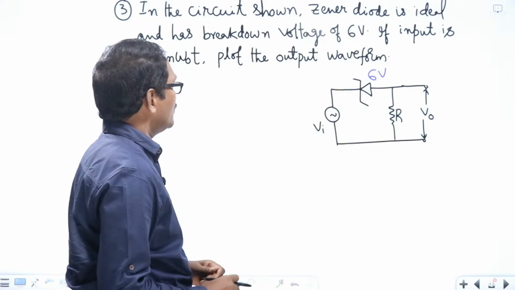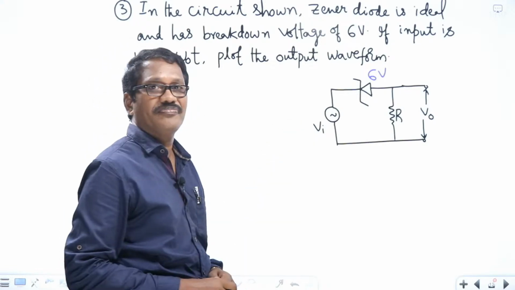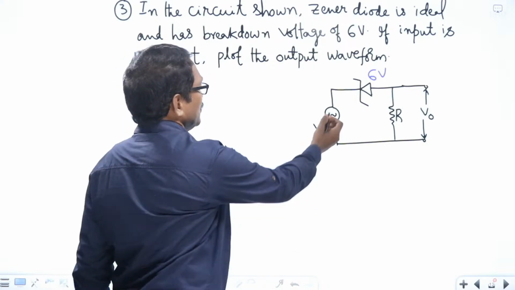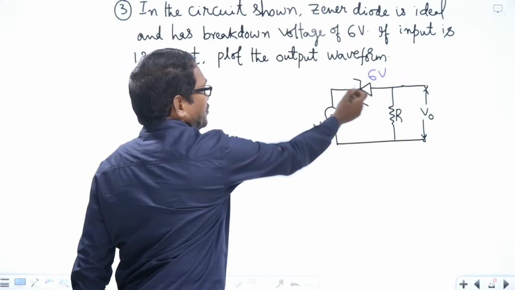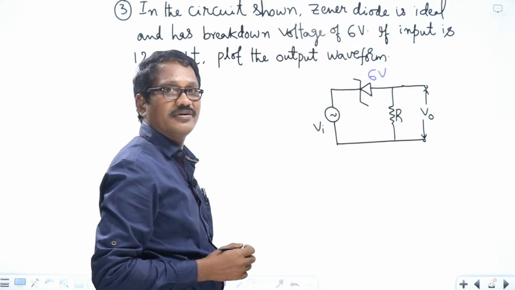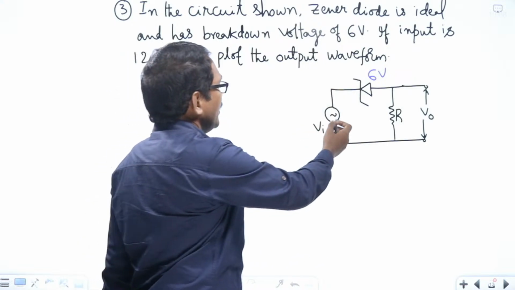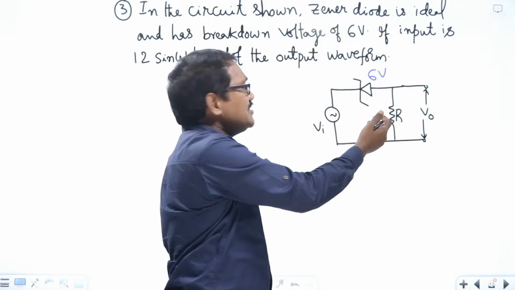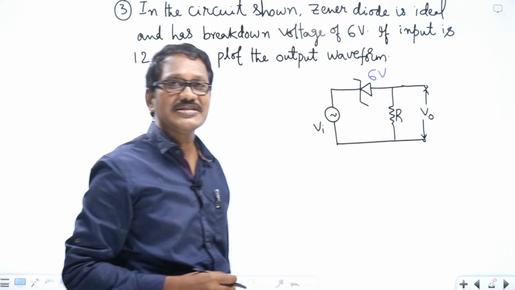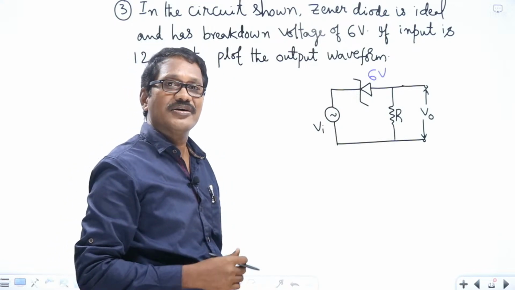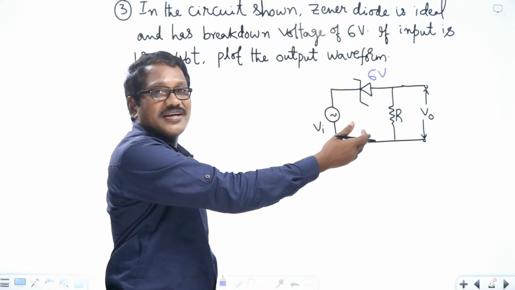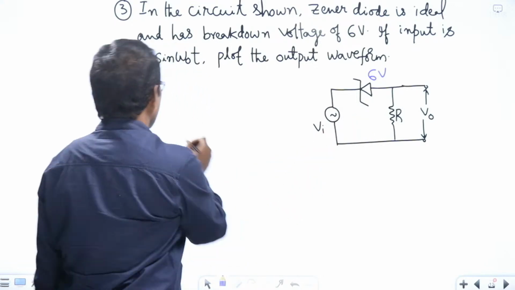If VA is positive, the positive is connected to the cathode. Let us assume that VA is negative. Now the Zener diode is forward biased, acts as a short circuit, and can be replaced by a short circuit.